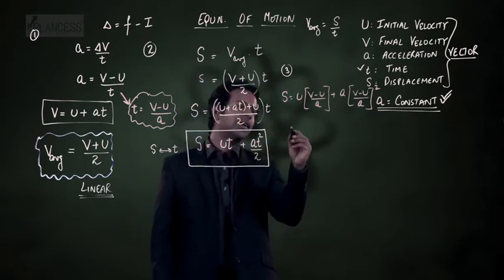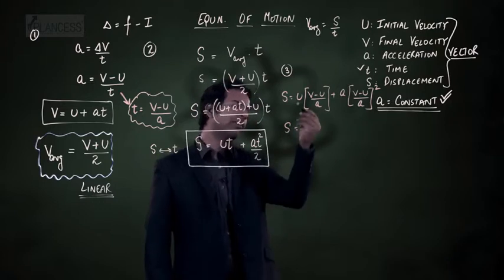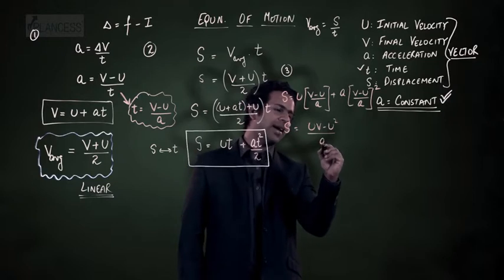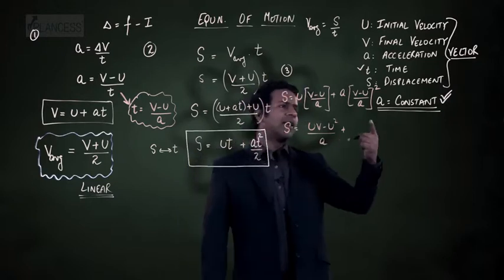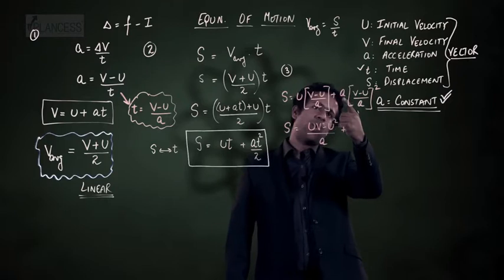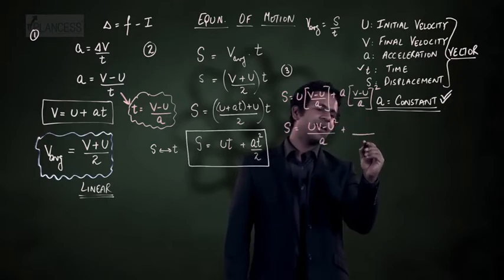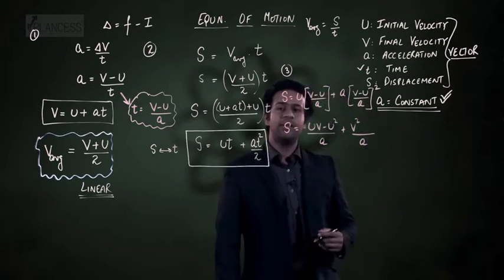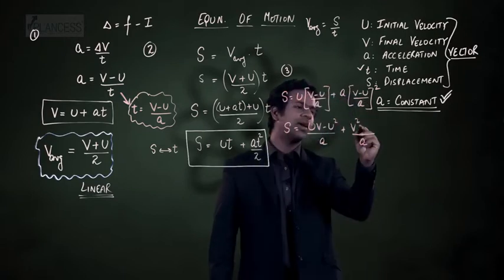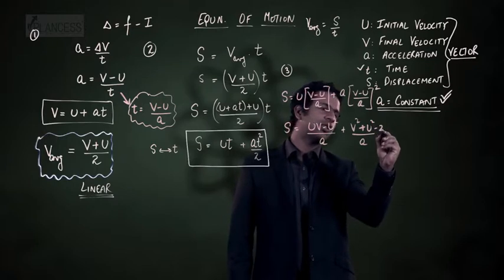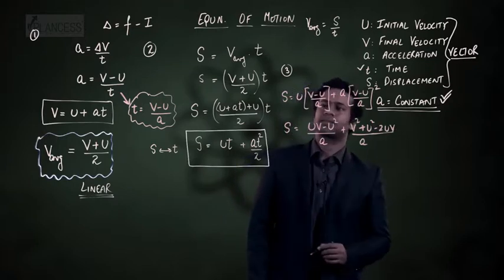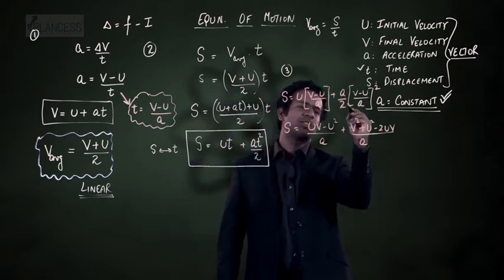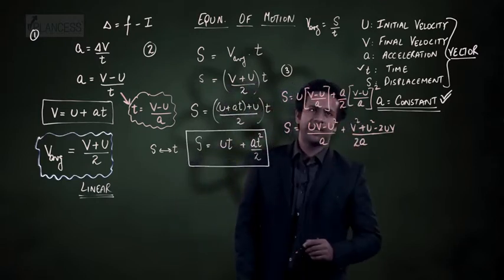Once again, there is some simplification to be done. When you multiply this, you get uv minus u square by a plus, since there is a square, one of the a's will get cancelled. In the numerator, you're left with (v minus u) whole square, which is v square plus u square minus 2uv. We've missed out on the half in half at square, so you'll have a 2a in the denominator.